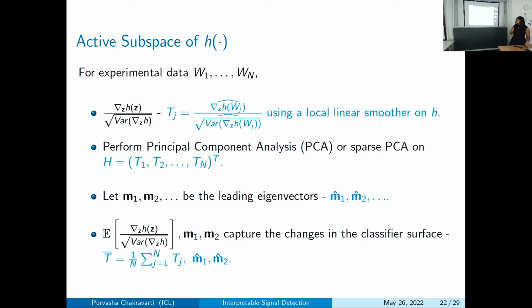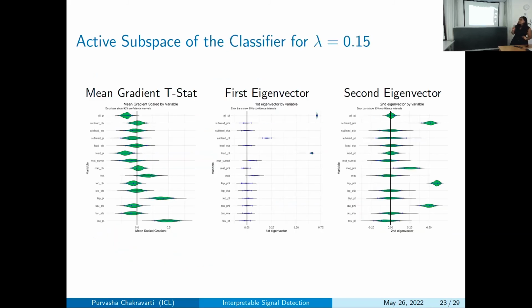I'll quickly show you the results for the Higgs boson dataset, to show how to interpret this, right? Like what you get from this. The first plot you see here is the mean gradient computed on the experimental and background data.